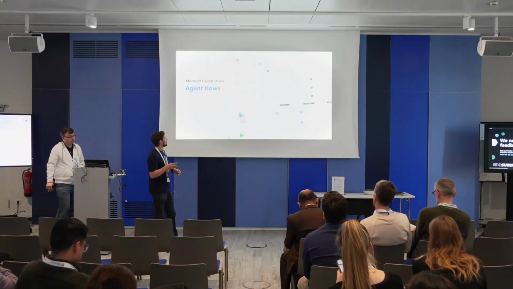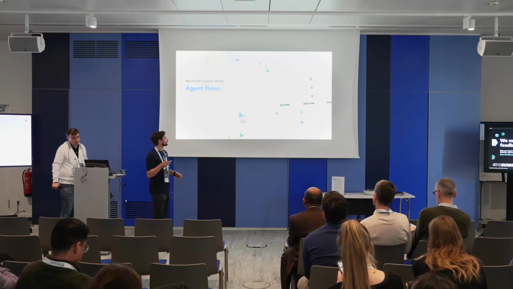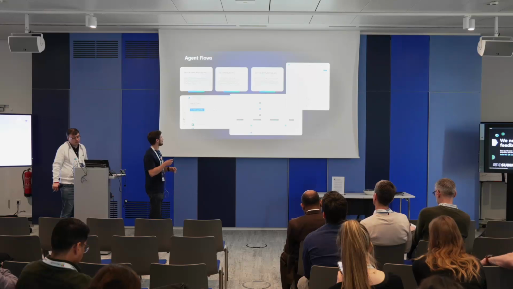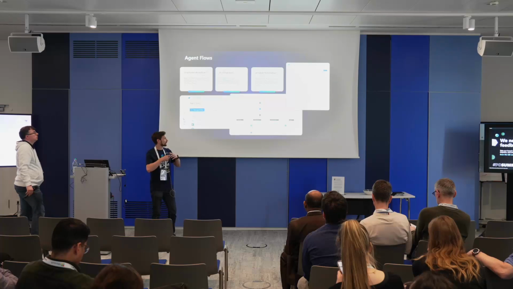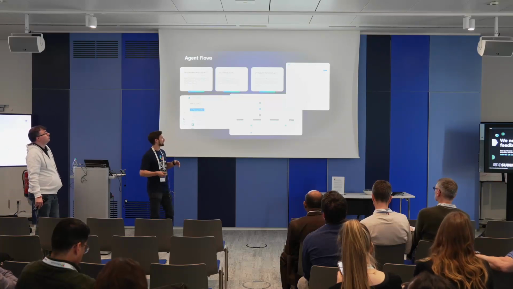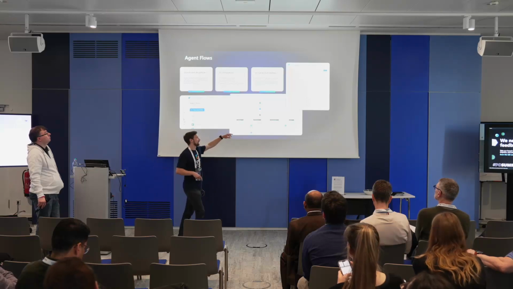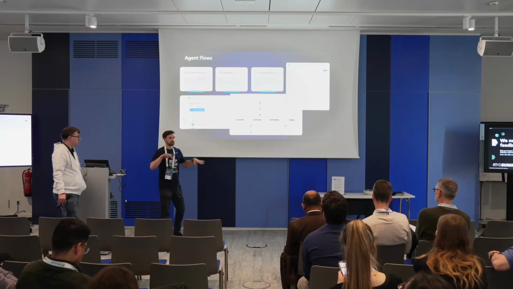And then we have agent flows. That is coming as well, where you can actually build out a full flow that is triggered on certain triggers, and from there it's deciding what to do.